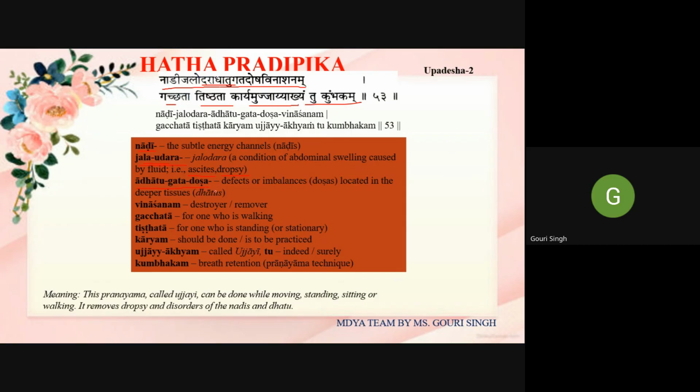Suppose because of blood circulation, maybe the dhatu blood has a problem, or maybe a bone-related problem, or a muscle problem. What are the saptadhatus? Any problem related to the saptadhatus also becomes cured here.